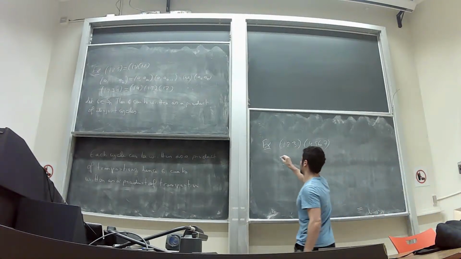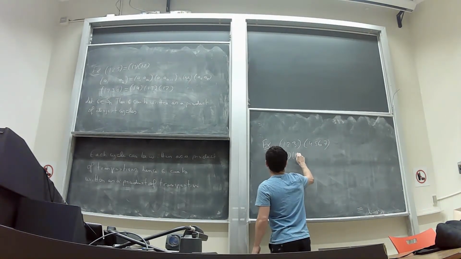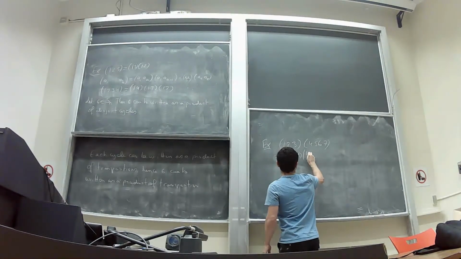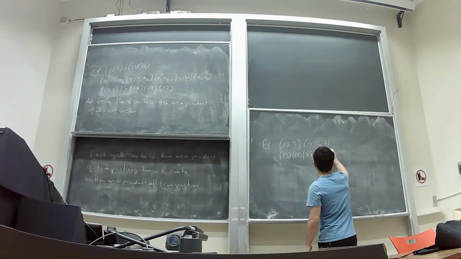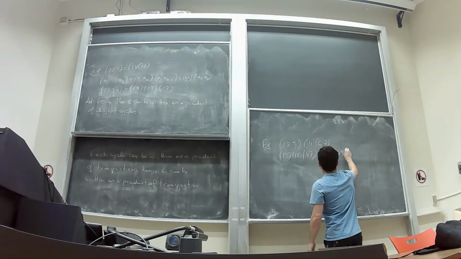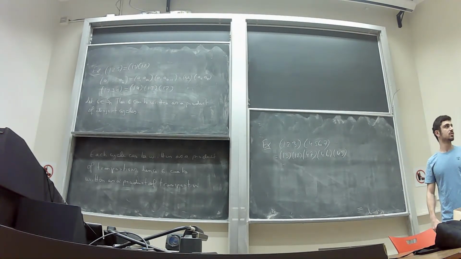I can write (1 2 3) as (1 3)(1 2), and (4 5 6 7) as (4 7)(4 6)(4 5). So any sigma, I can write as a product of transpositions.